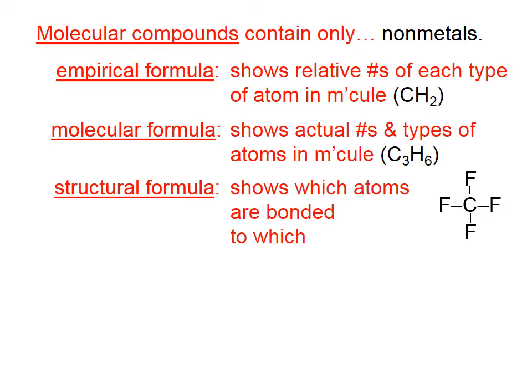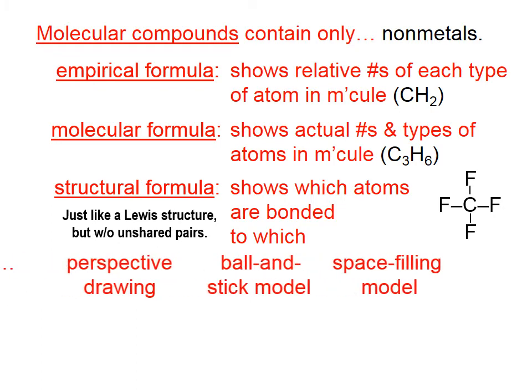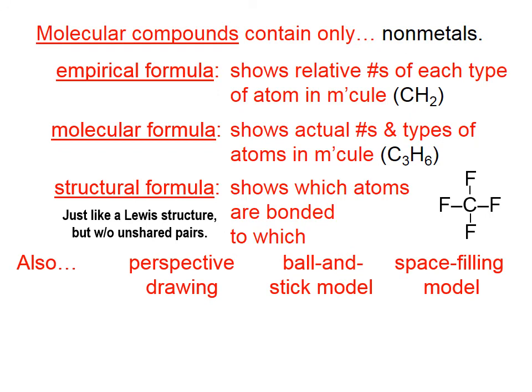For example, here is a structural formula. If you're already familiar with the Lewis structure, a structural formula is exactly like a Lewis structure, except structural formulas don't show unshared pairs. If that didn't make sense up to this point, it's okay, don't worry about it. I'm going to cover it in a future unit.